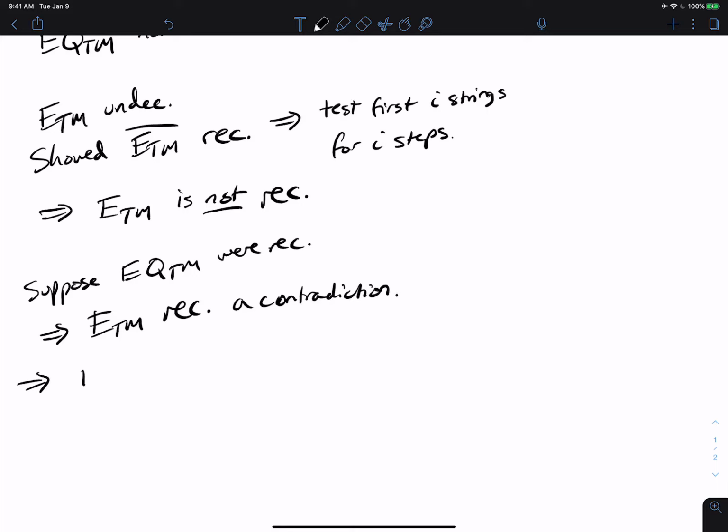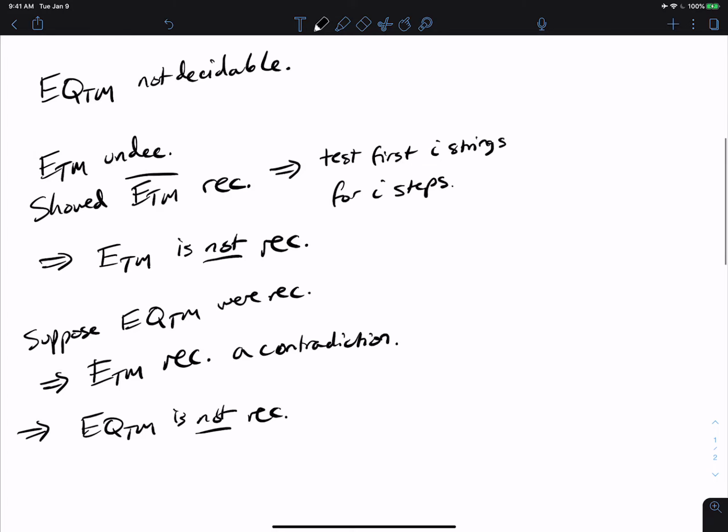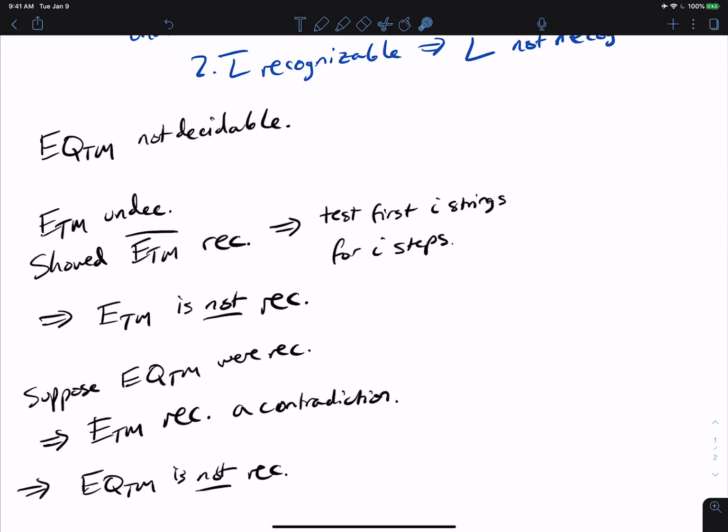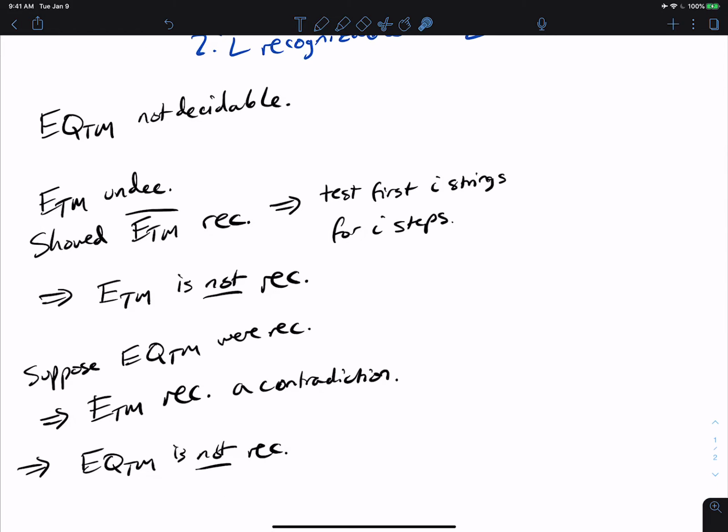So that implies that EQTM is not recognizable. The thing to realize is that how we showed ETM not decidable is exactly the same idea as for showing that it's not recognizable. But you have to first show that one of them is not recognizable. The fact that ETM bar is recognizable is the only way we can show that ETM itself is not recognizable directly.